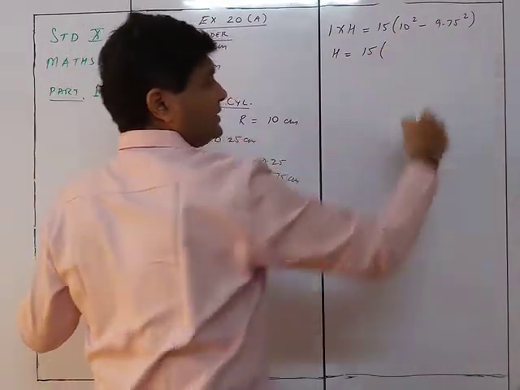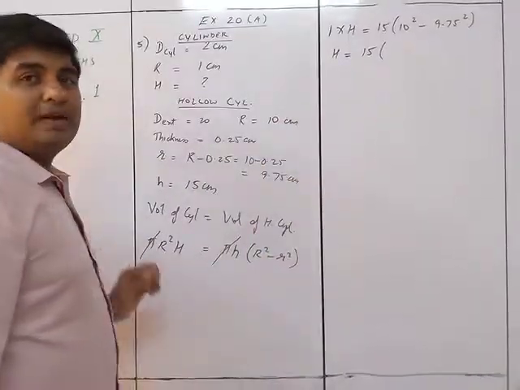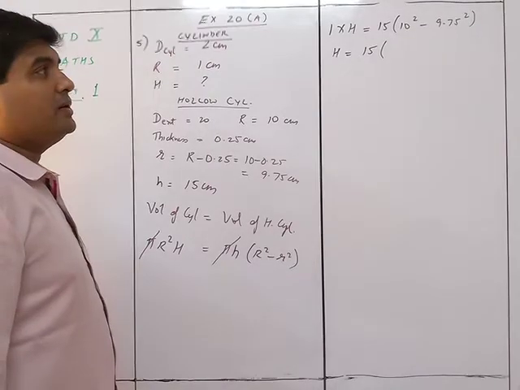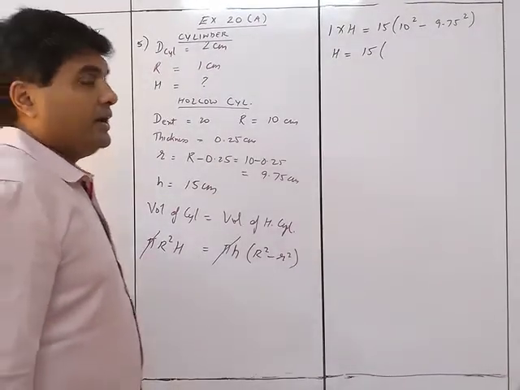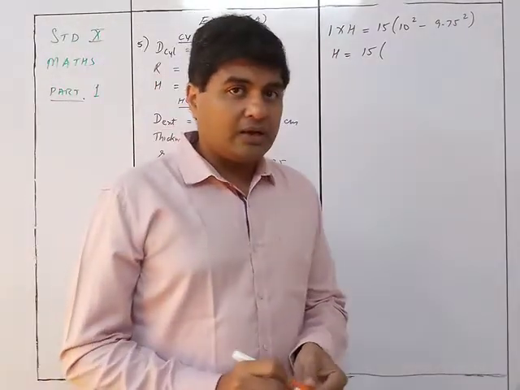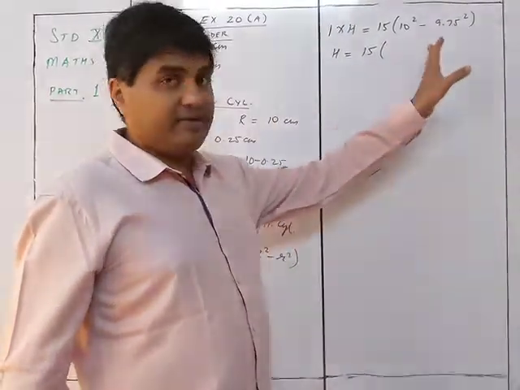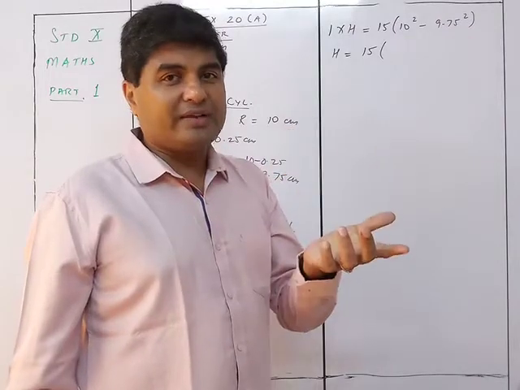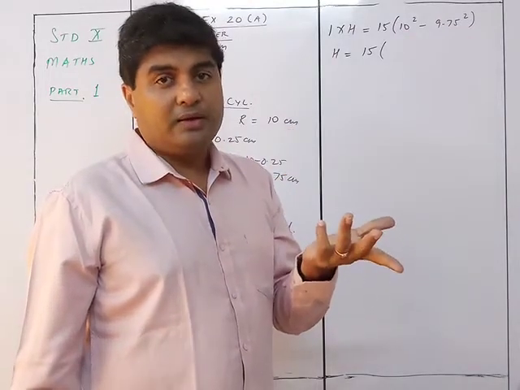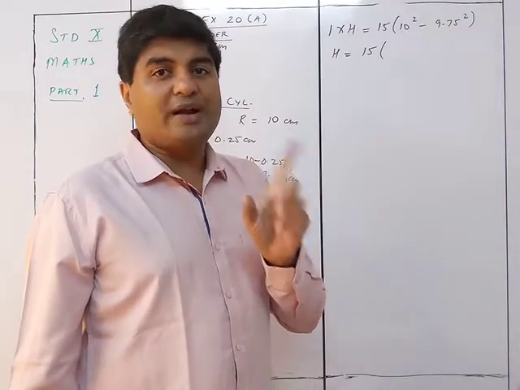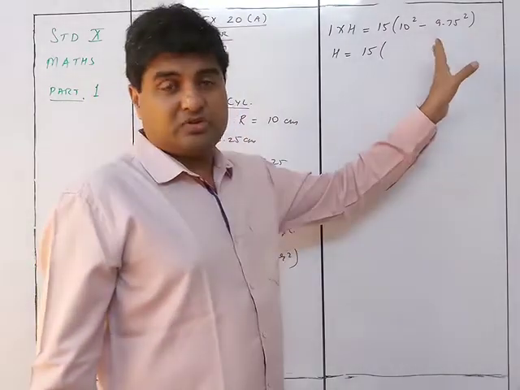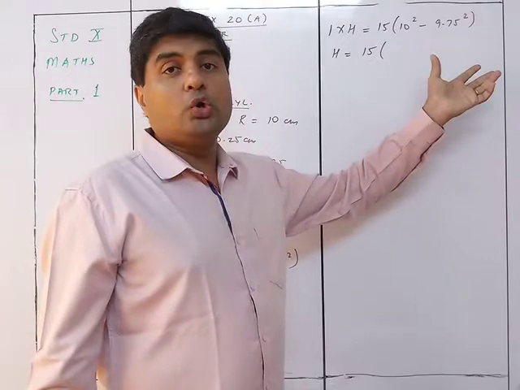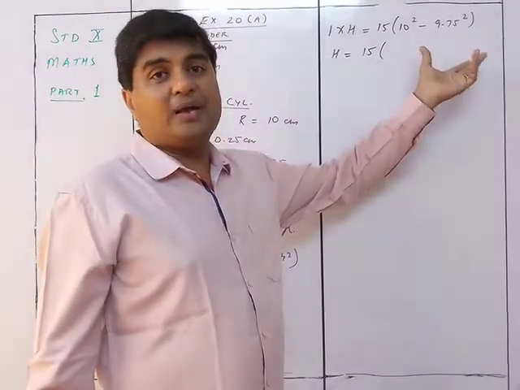Now it is better to use over here the formula of a square minus b square. See, if you are going to use a calculator, then it is going to be very easy. But if you start using a calculator, you will get into the habit, and then leaving it is difficult. That's why it is better that you use systems which are going to help you do the calculation in a better way.